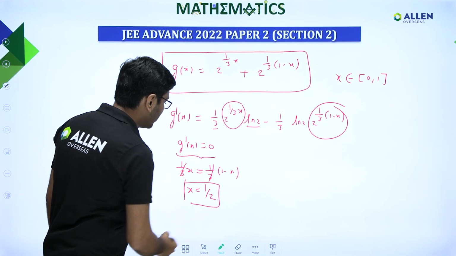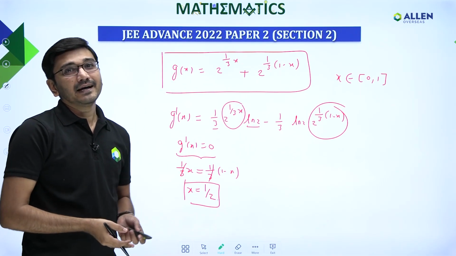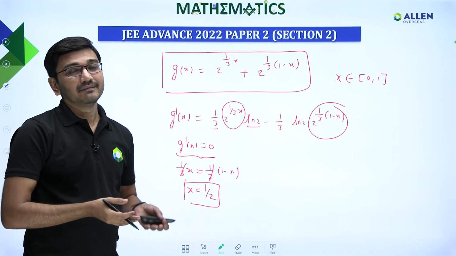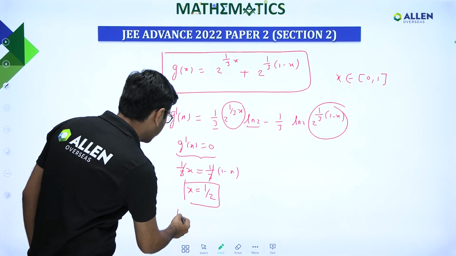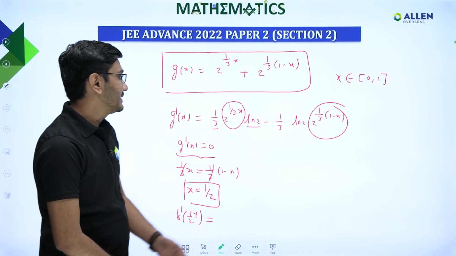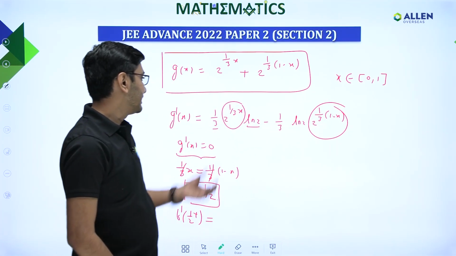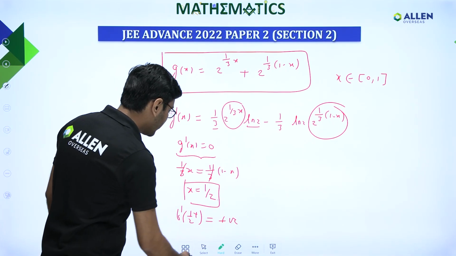So, at x equal to 1/2, the function will definitely have maxima or minima. How can we identify whether it is maxima or minima? We can check the second order derivative, or if you just check the derivative at 1/2 plus, you will come to know that this term will increase and this will decrease, which means on the right of 1/2 we are getting the derivative as positive.